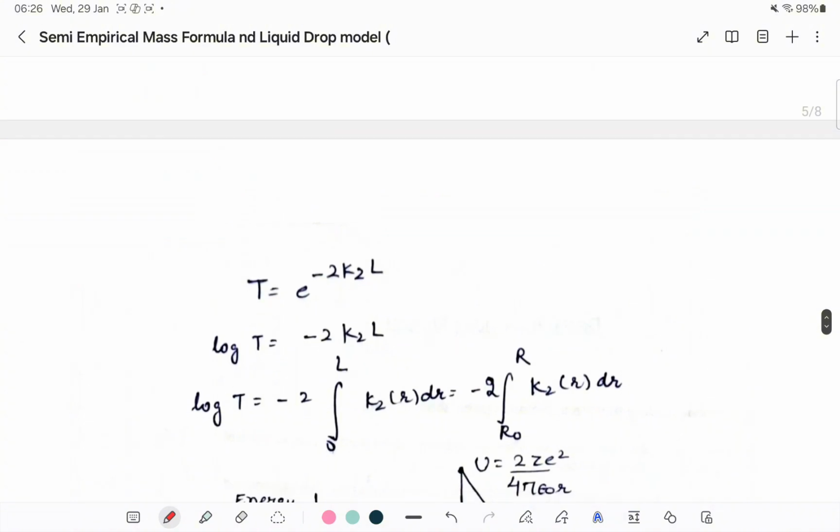So T can be written as e raised to the power minus 2k2 into L.